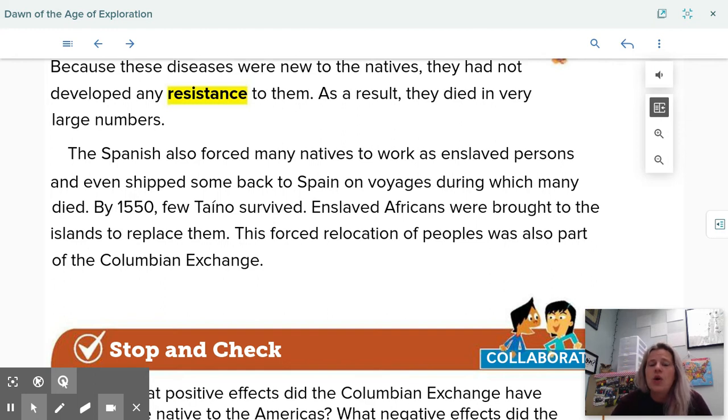So not only were goods and services exchanged, but they also began the slave trade during this time as well. So bringing enslaved Native Americans back to Europe and then bringing Africans over to the Taino lands where the Spanish conquistadors, the Spanish explorers, were actually staying.